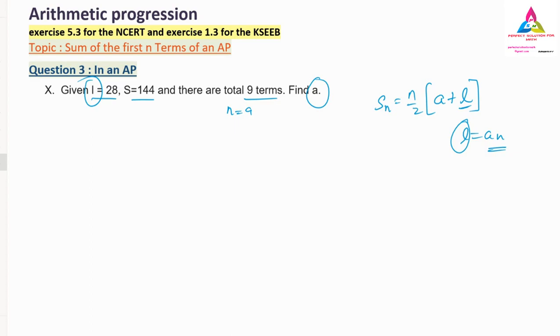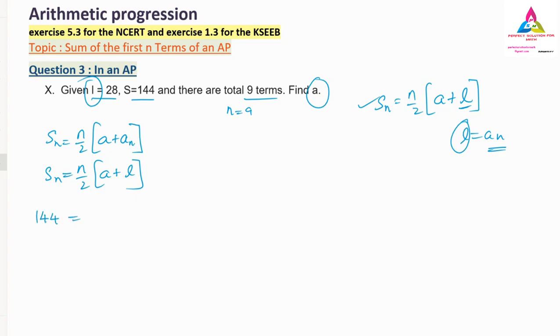Now it is easy, because we have to apply this Sn formula, that is Sn is equal to n by 2 into a plus an, which we can rewrite as n by 2 into a plus L, because L refers to the last term. The Sn value they have already given, 144.